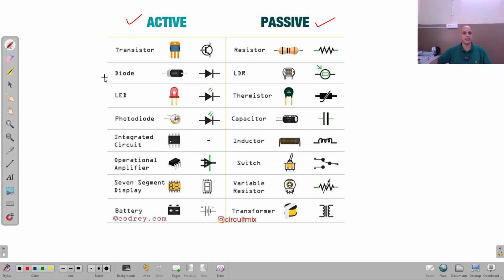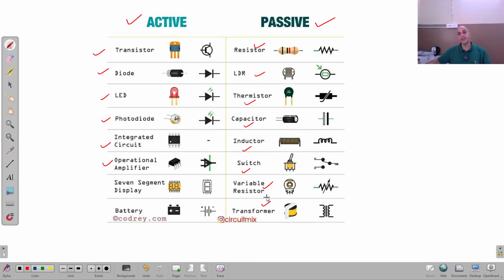So you can see here the list: transistor, diode, LED, photodiode, ICs, operational amplifier, all these, right? But resistors, LDR, thermistor, capacitor, inductor, switch, variable resistor, transformer, they are not able to amplify a signal. So these components are known as the passive components. But the components which have the capacity to amplify the given signal are active components.